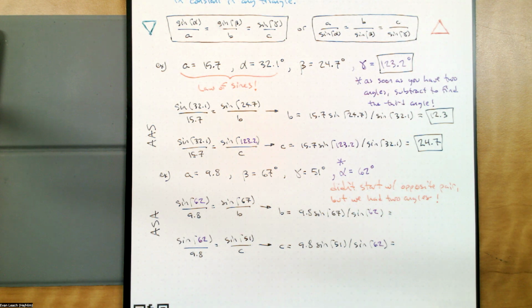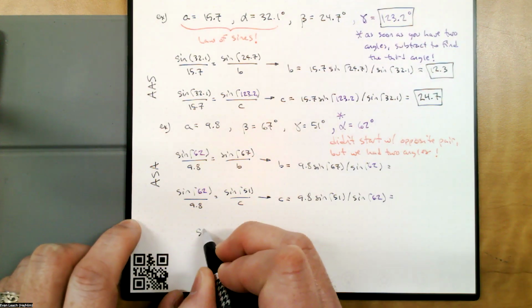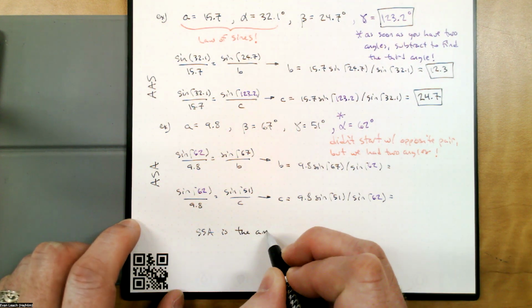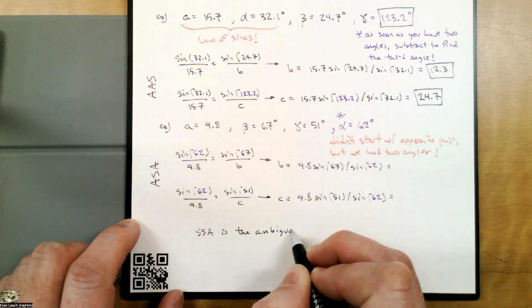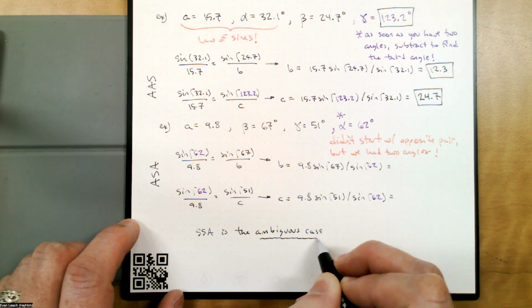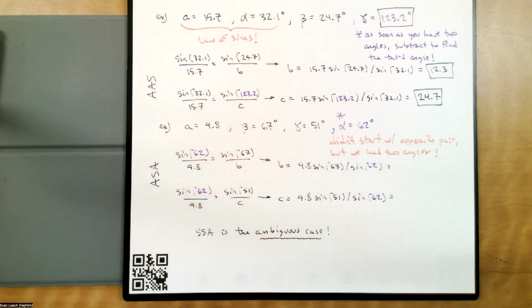So the side side angle case causes problems. Side side angle is the ambiguous case. If you have two sides and the angle opposite one of those sides, you have an opposing pair.